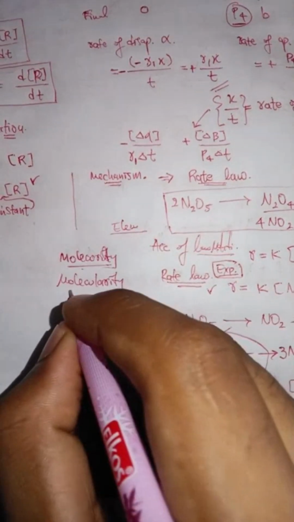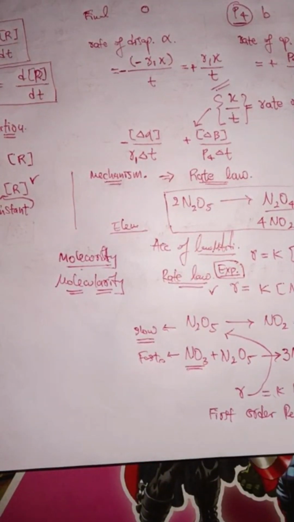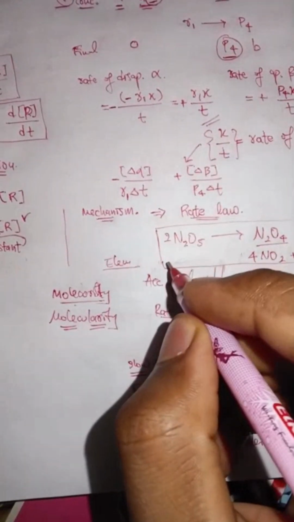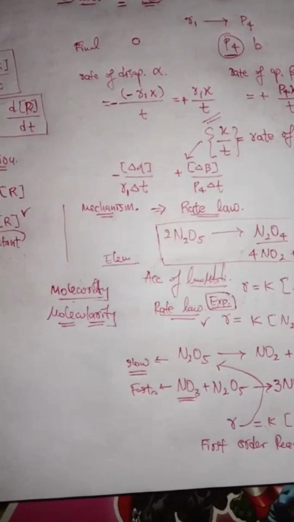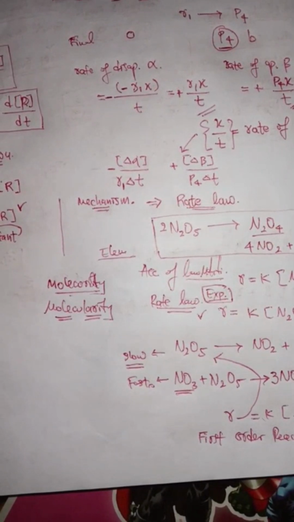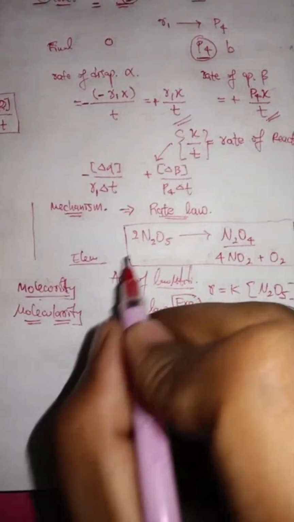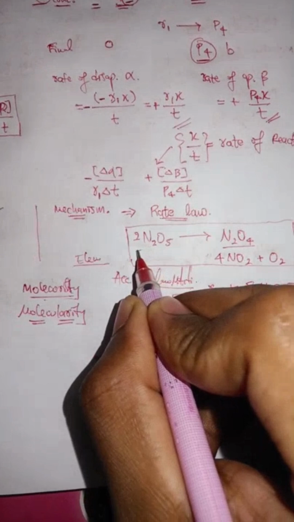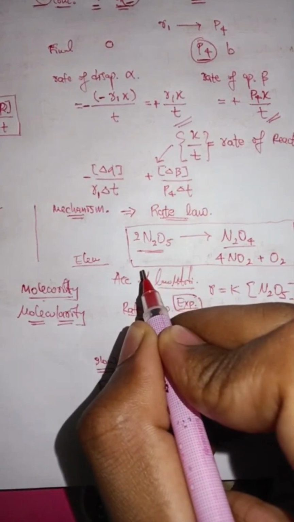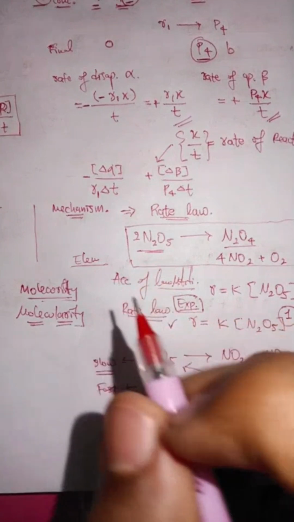There is another idea, which is molecularity. For a particular reaction, molecularity is nothing but the number of reacting species in a chemical reaction. If we consider this reaction, there are two molecules of N2O5, so the molecularity of this reaction would be 2, but that is incorrect.